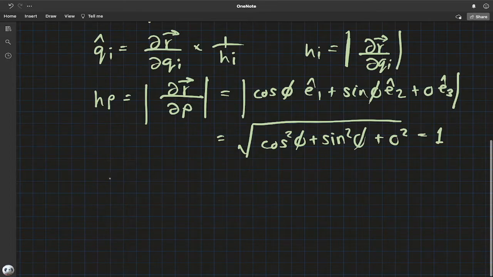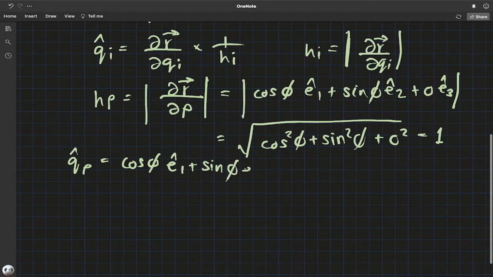Now we can do, well, instead of just jumping on ahead, we can see that q sub rho hat is just this guy divided by its magnitude, the vector inside divided by its magnitude. The magnitude is 1, so it's just the vector inside, which is cosine phi e1 hat plus sine phi e2 hat, and you forget this last guy.